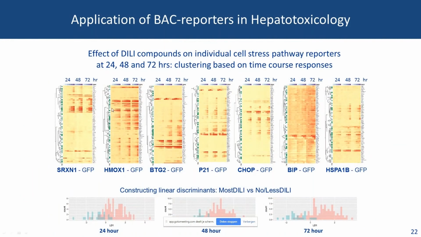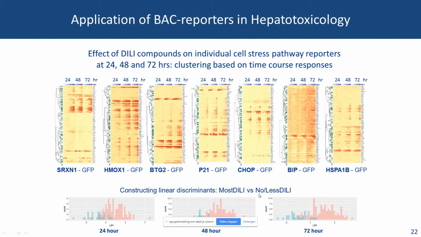So in the second phase, we actually included more reporters. So besides sulfiredoxin, we also took a second oxidative stress reporter, HMOX. We also included a second DNA damage reporter next to PTN1. We also included BIP next to CHOP as an indication of the unfolded protein response. And we also included this heat shock protein.